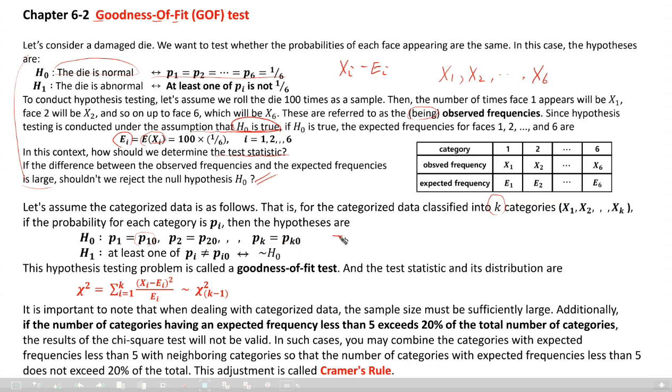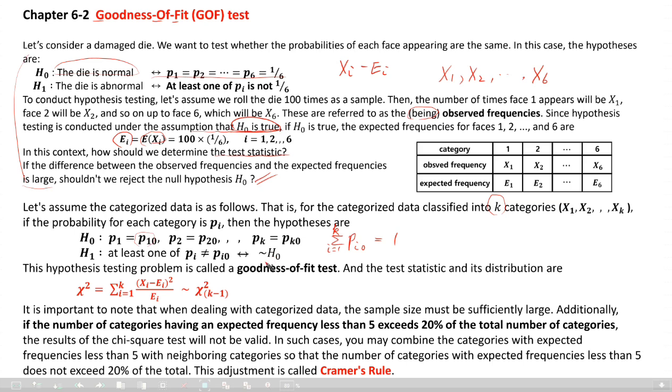What is the sum of these? The sum of pi0, i from 1 to k, should be equal to 1. H1: at least one pi is not equal to pi0.